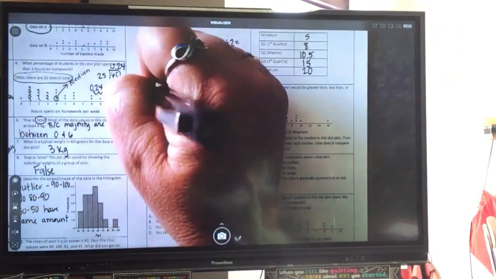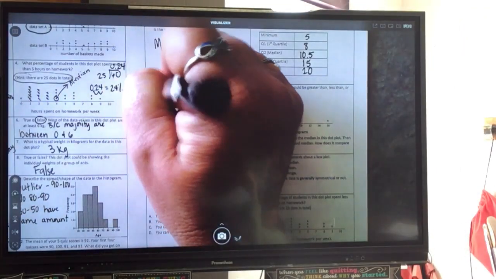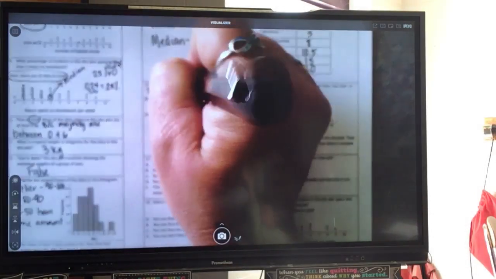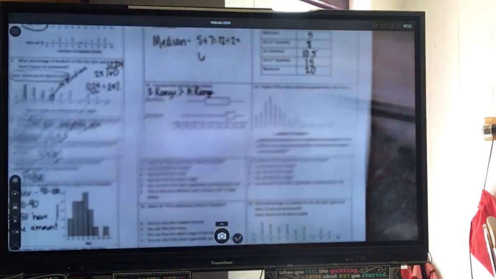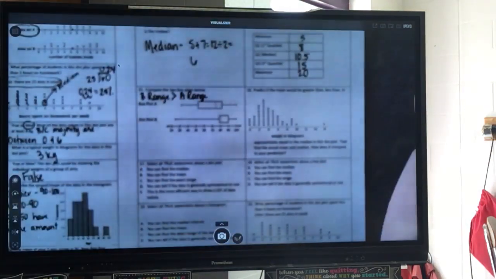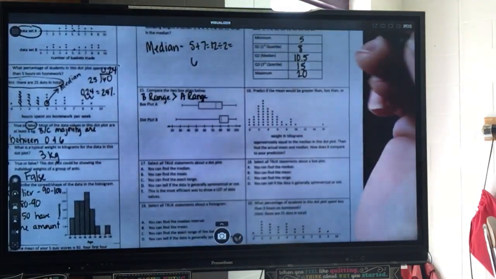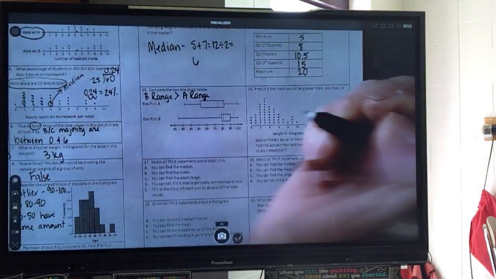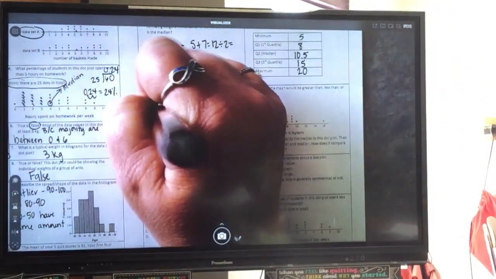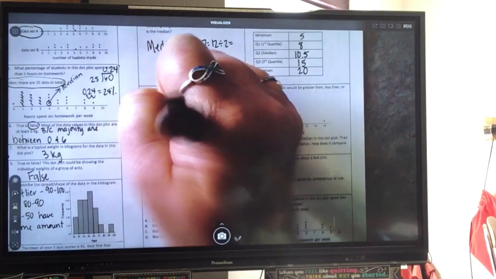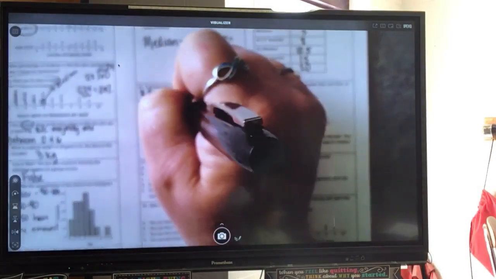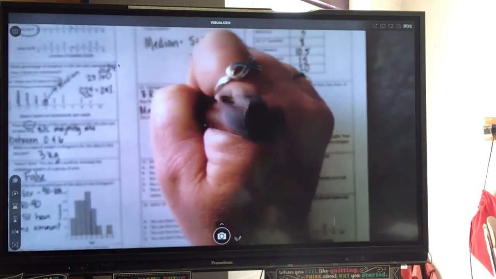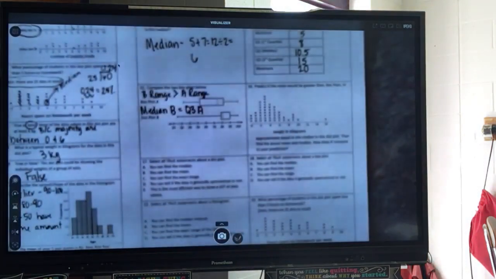So B range is greater than A range. Alright, what else? Camden. Median of box plot B matches box plot A's quarter 3. Okay.